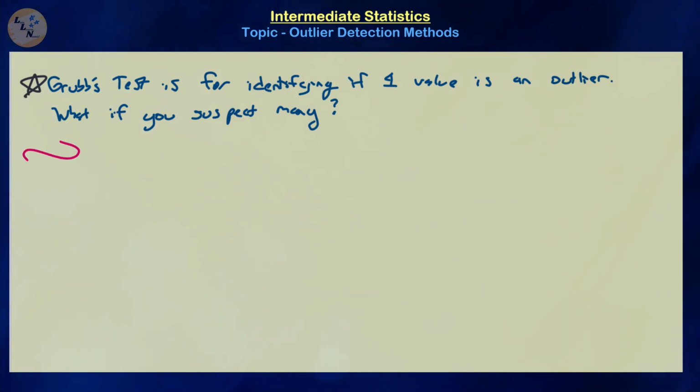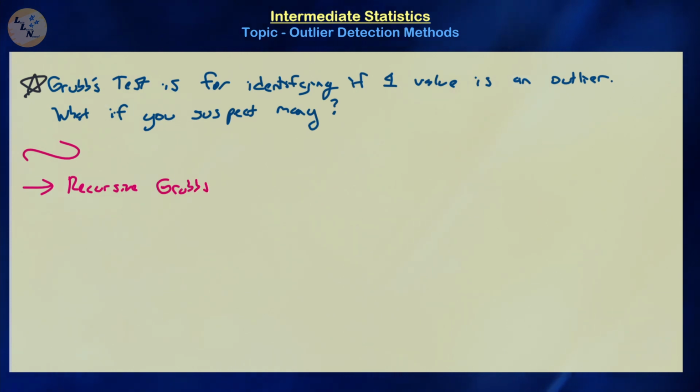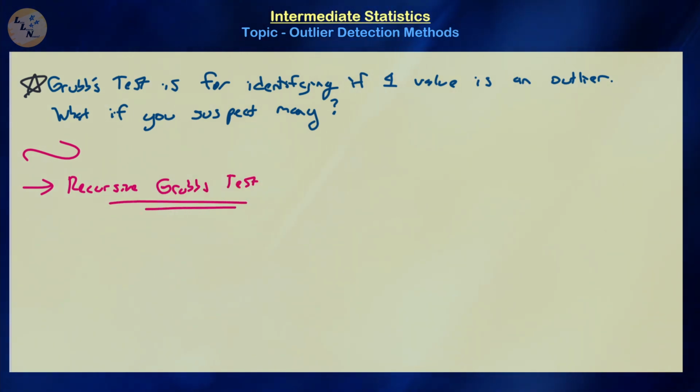So what is one way we can do this? The first approach is what is known as a recursive Grubbs test. This is similar to pairwise comparisons in terms of its structure.